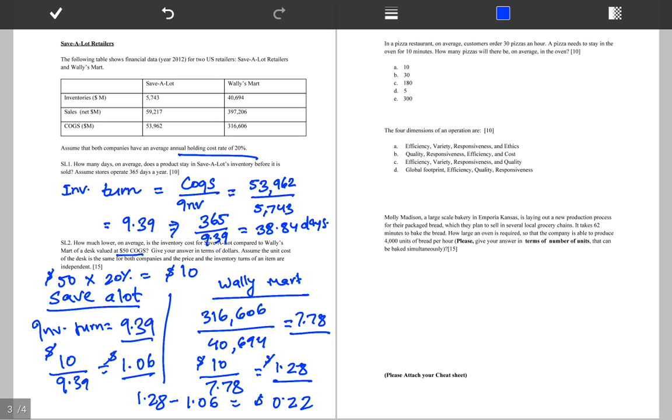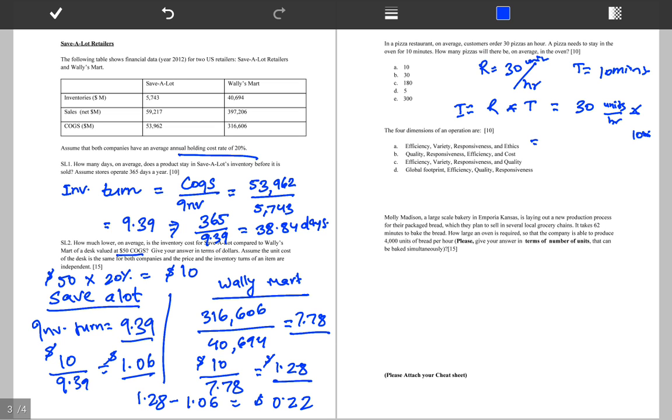The next question is one we already did in the class. In the pizza restaurant, the average customer orders 30 pizzas an hour. So the rate equals 30 pizzas per hour, 30 units per hour. The time that it stays in the system or the oven is 10 minutes. So the question is, what is the inventory? Well, I equals R times T, where R is 30 units per hour multiplied by 10 minutes.